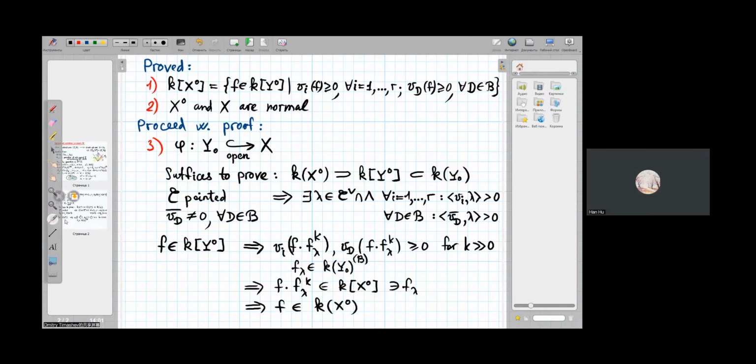We have proved that any function from here is contained in here.